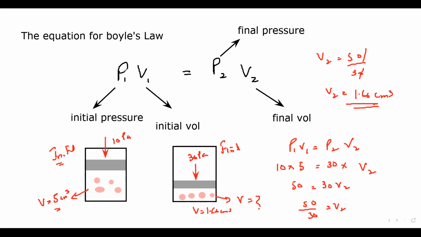When you change the pressure, the final pressure is known as P2 and the volume is known as V2. So P1 V1 equals P2 V2. The final result will give you the volume of the gas. Any doubt till this point?